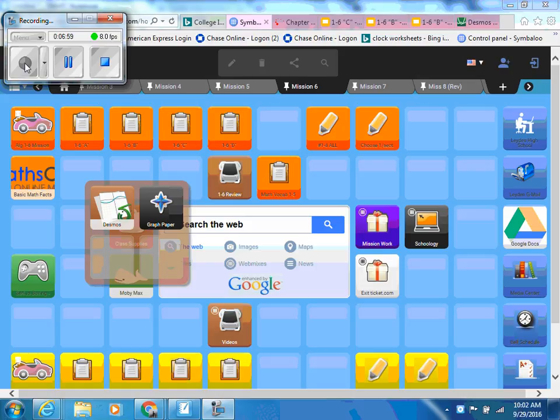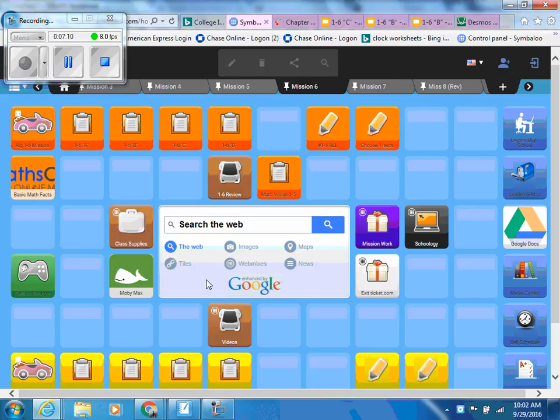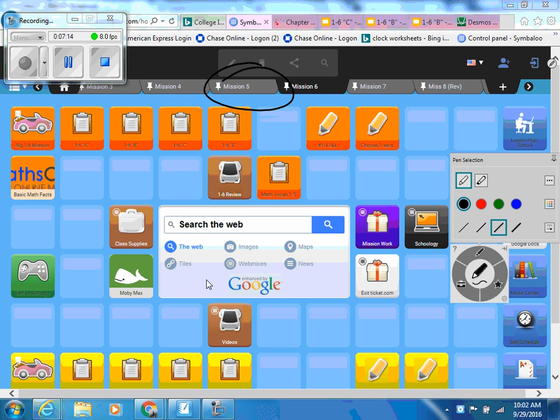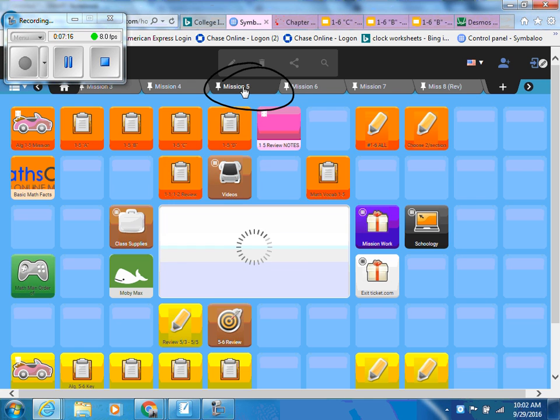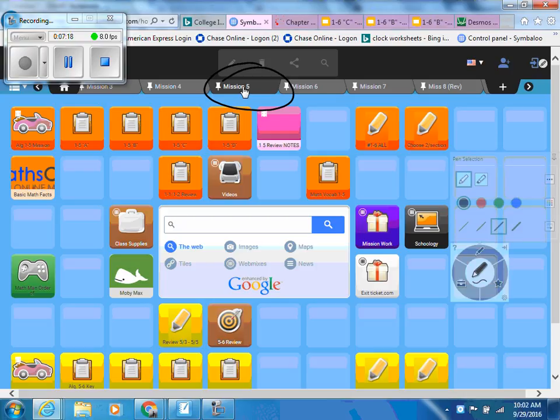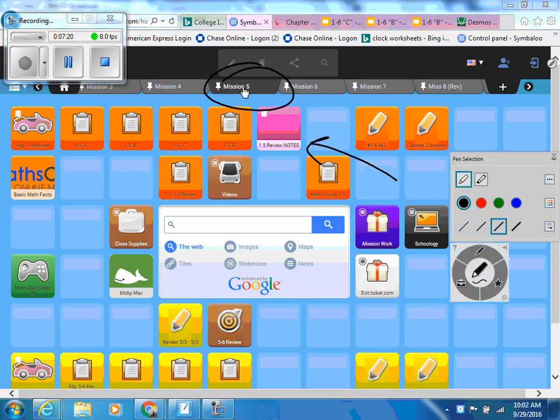Okay, we're having a test over this week's material and next week's material. So, please go into your Mission 5 tab, which is right here. Click on it, and you'll see a pink tile. I think that's pink. I don't know, it could be purple. Click there.